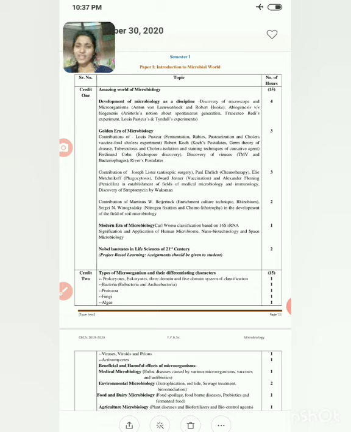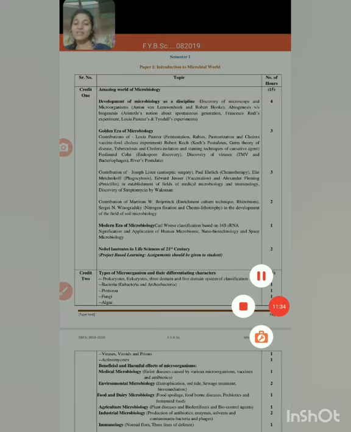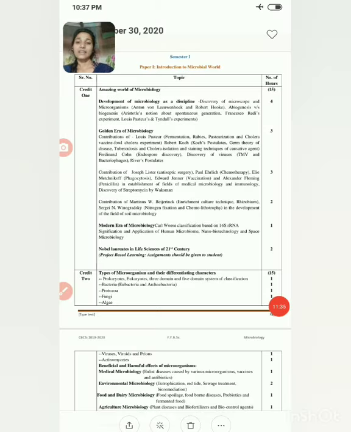Further, in the field of medical science, microbiology and immunology, the development of vaccination by Edward Jenner and penicillin by Alexander Fleming brought great success for the treatment of diseases caused by microorganisms.